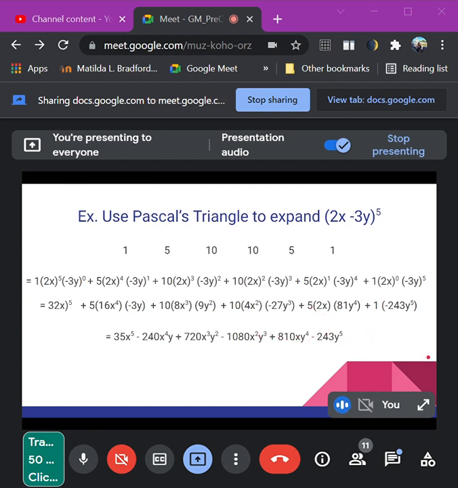And then for the next one, 5 times 2, 10 times 81, that is 810, x y raised to the power of 4. Then the last one is 1 times negative 243, that is negative 243y raised to the power of 5. So this is now your expanded form of the quantity 2x minus 3y raised to the power of 5.